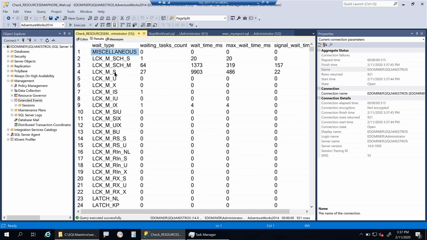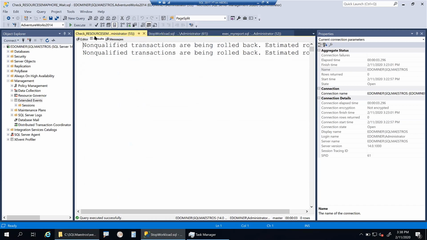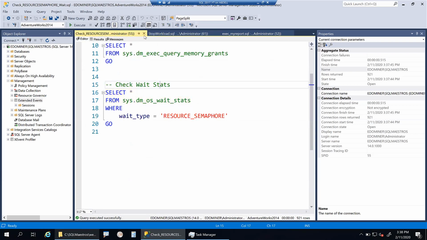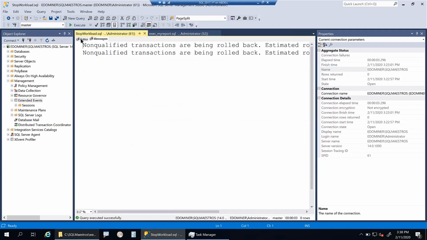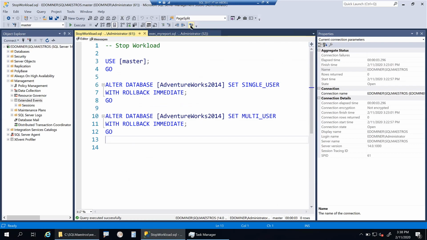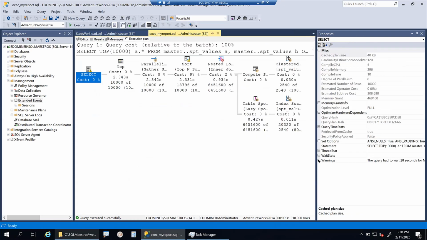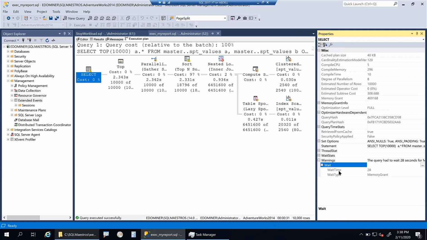But seeing instance level wait stats may not be very helpful at this point. That could be used when there is a general slowness on the server. But right now we're troubleshooting a specific query, a specific stored procedure, so you need to look at the metrics of that particular stored procedure. So we clearly see, let me just go back here, that in the warnings, this is what my query is waiting for.